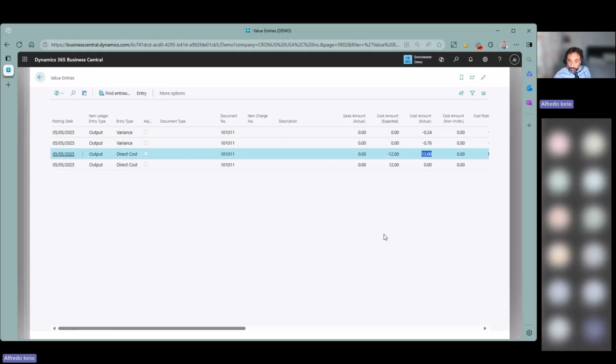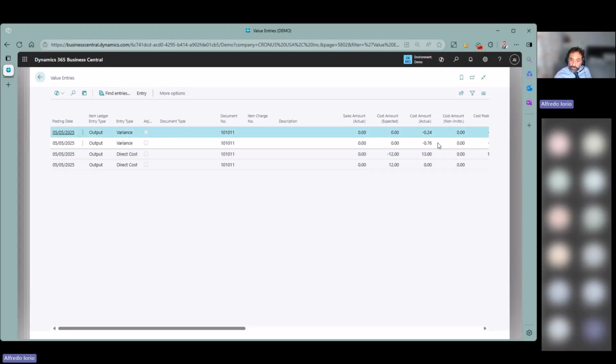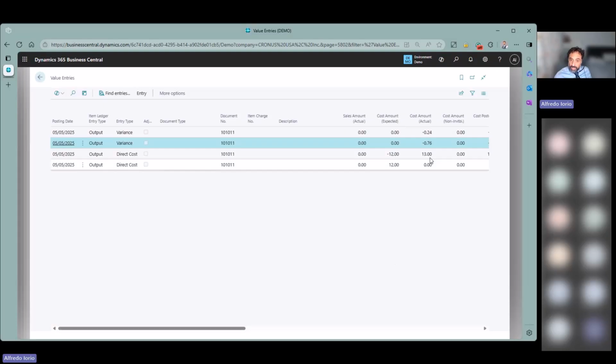So my inventory, even though the item is a standard cost, the entry is at actual. The actual, though, is balanced by 2 inventory variants, and so my inventory, my balance sheet to reconcile, uses inventory variants that are posted to the balance sheet.